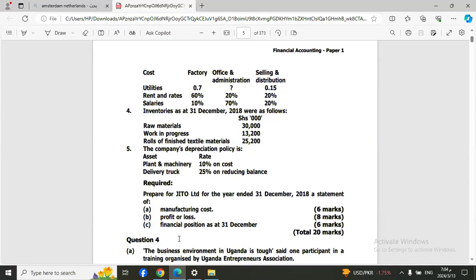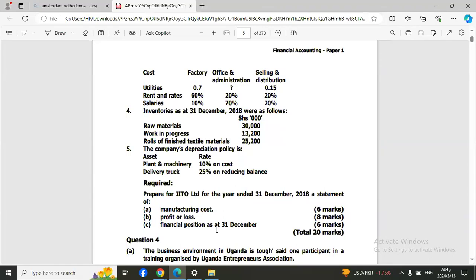I normally tell you sometimes question selection is also good, because you see a number like this one, even if time has got you, you cannot fail to get 14 out of 20 or 15 and above. Because when you do a manufacturing cost, you do your profit or loss. Even if time has got you, you can go there, you put the non-current assets, you put the current assets, and your capital will get some of the marks.